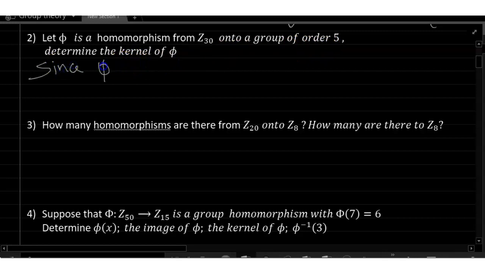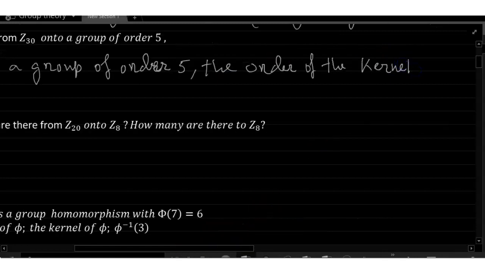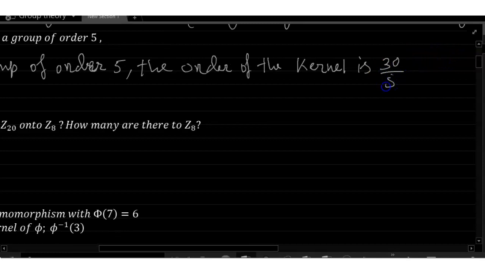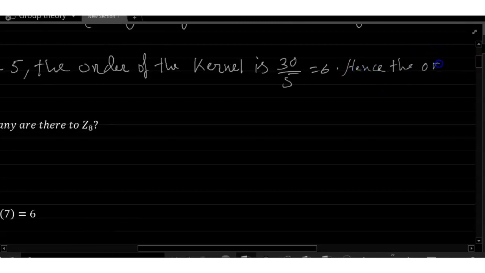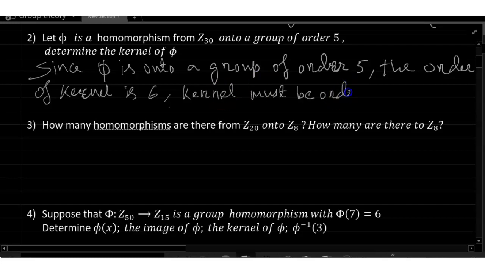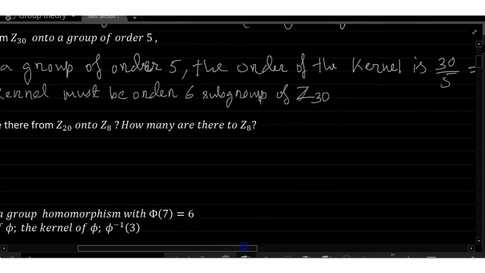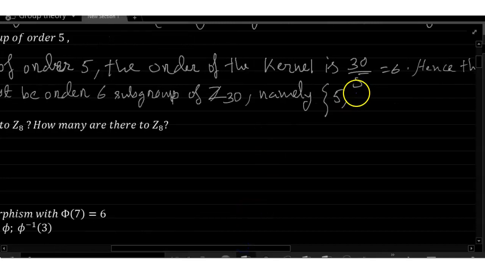Since phi is onto a group of order 5, the order of the kernel is 30 divided by 5, which equals 6. So the kernel is the order 6 subgroup of Z30, namely 5, 10, 15, 20, 25, 0.